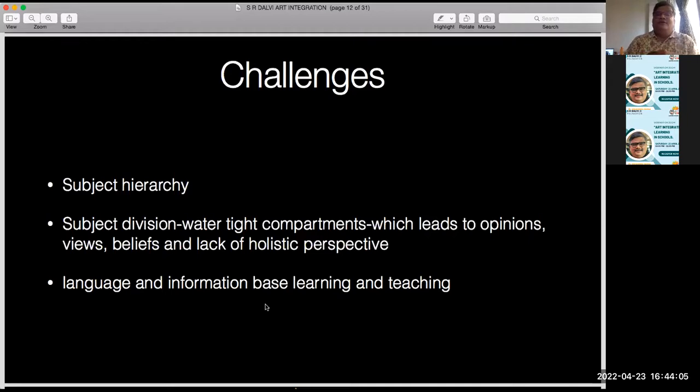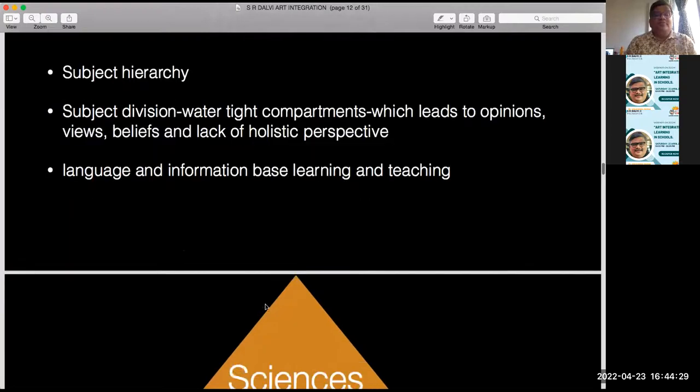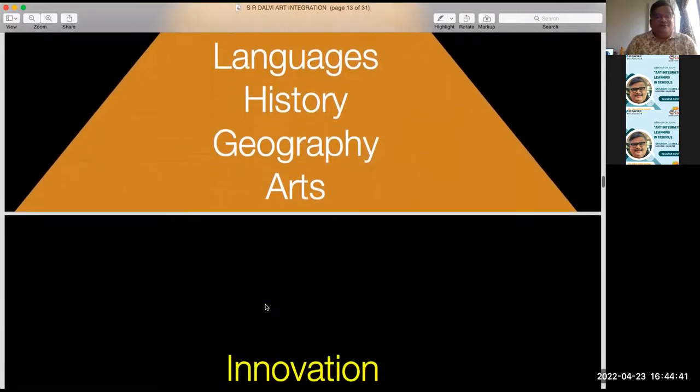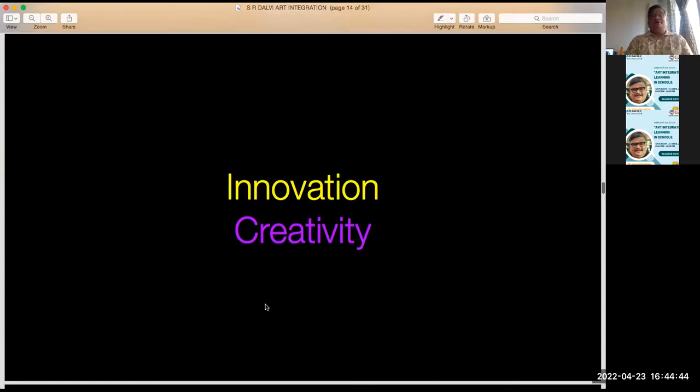And that is why my fear and worry is that the new education policy is providing us a very, very powerful tool, but we are not going to understand its strength, its ability to create an impact, and we may not be able to use it fully because our mindset is about this kind of subject hierarchy, language-based learning and teaching.